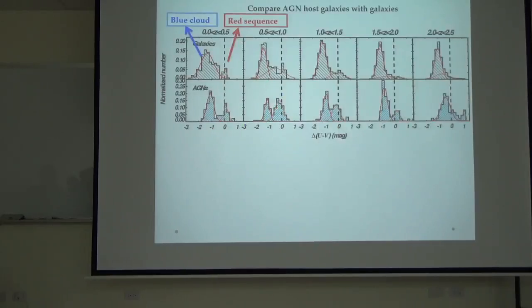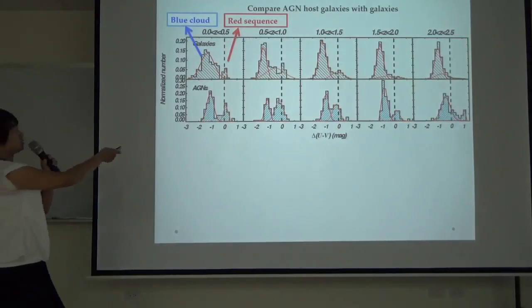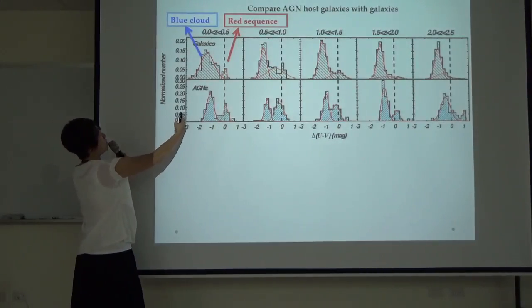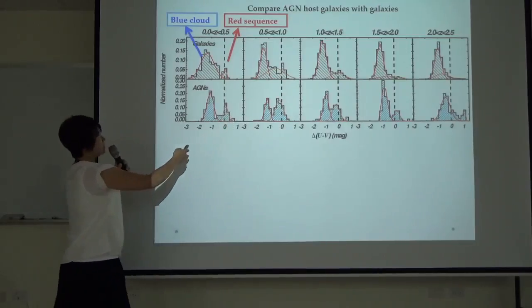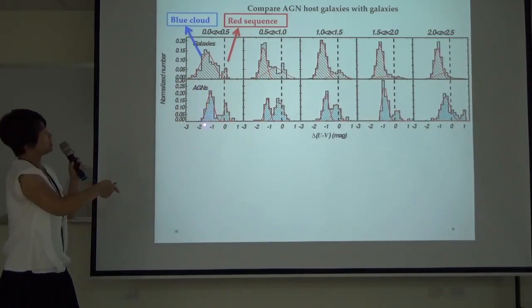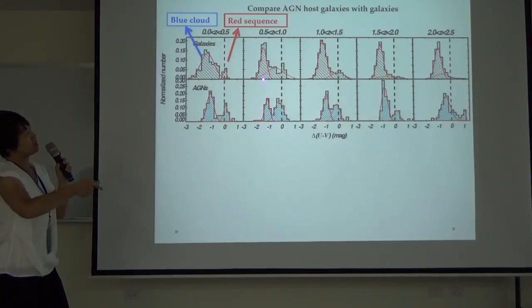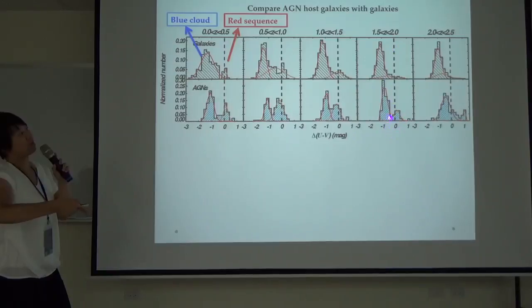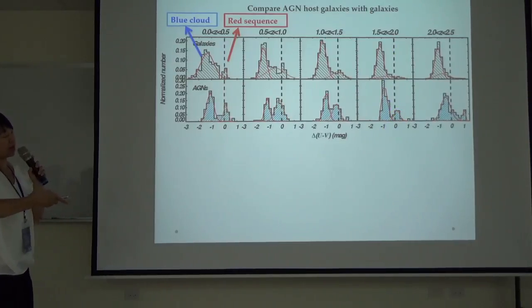To see it more clearly, I plot the histogram. This is the blue cloud and red sequence, and you can see I compared galaxies and AGN. Most of the AGN are located in the green valley region compared to the normal galaxies.